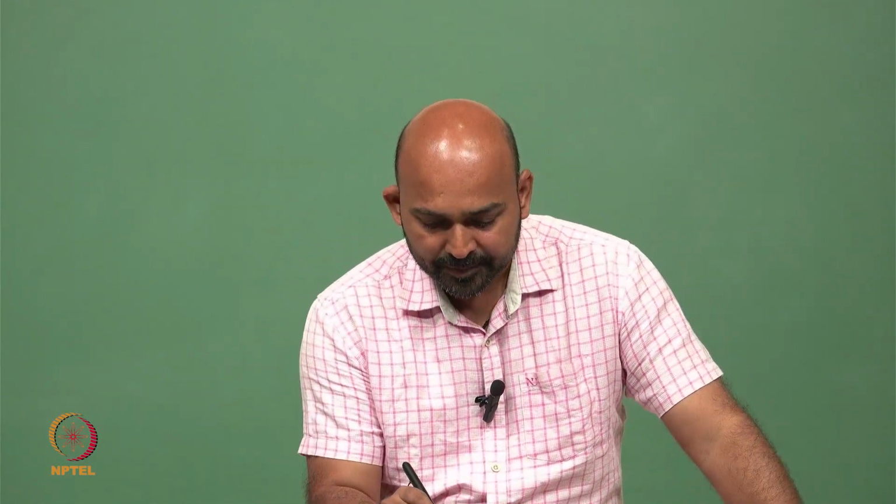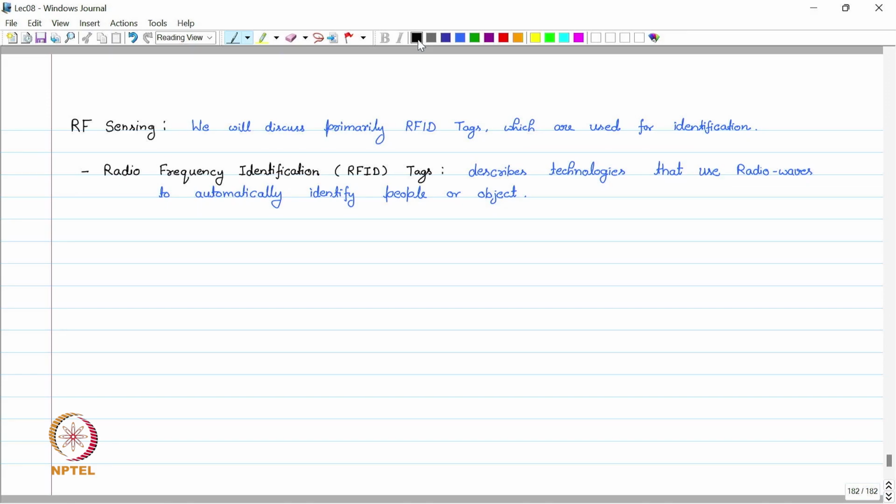So we have three parts in an RFID system.